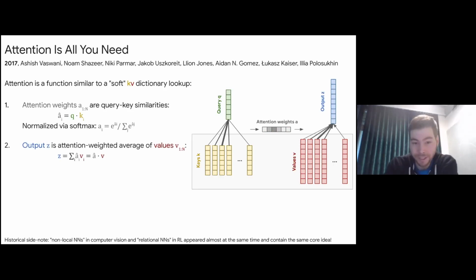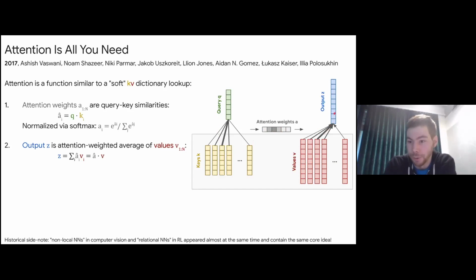Then the next step is we take a weighted average of all the values, where the weights are exactly these attention scores. And so attention score times value plus attention score times value plus attention score times value, and so on, gives us a vector as the output, a single vector again, right? And if we have the case that only one key is very similar to the query, then this is mostly zeros except for a single one, and the result of this weighted sum is mostly just the vector that corresponds to this very similar key, right?